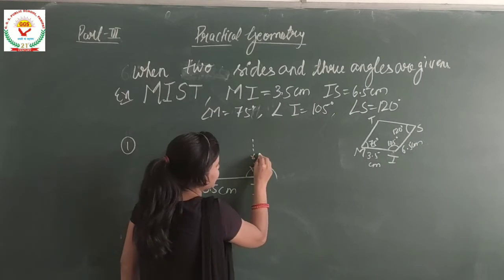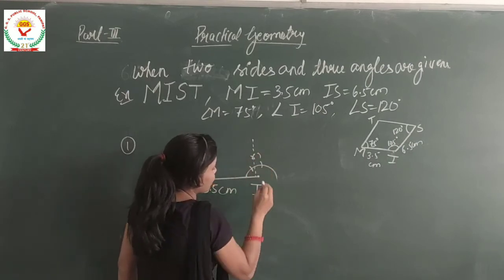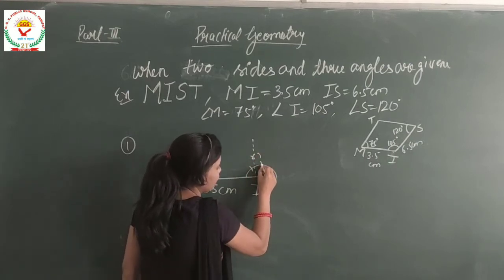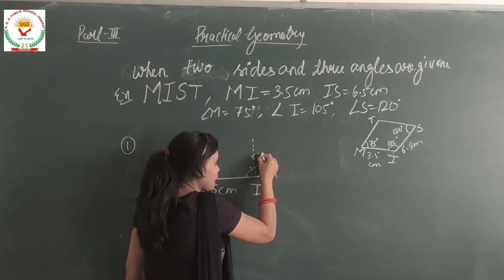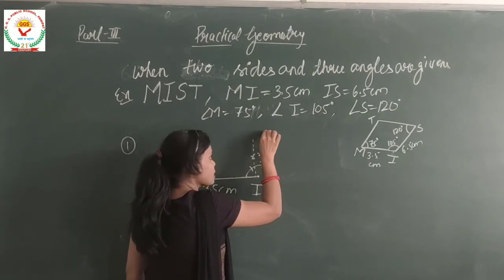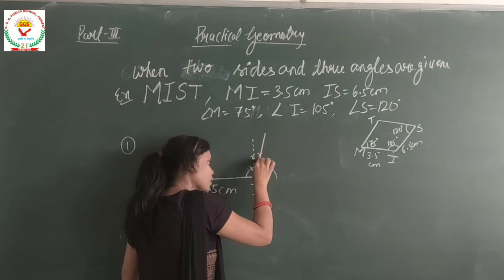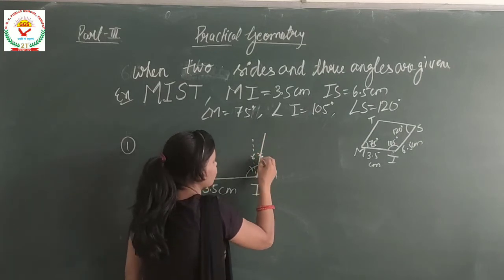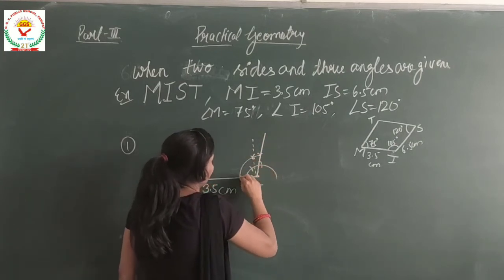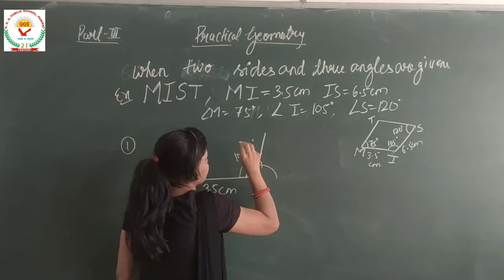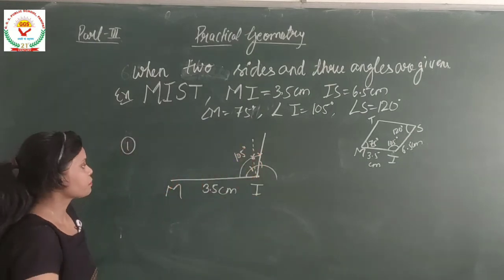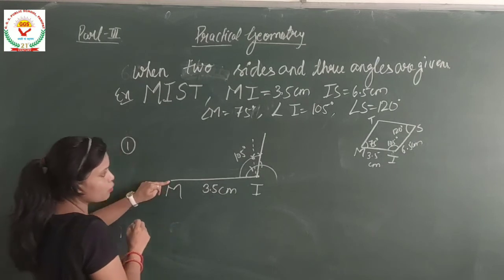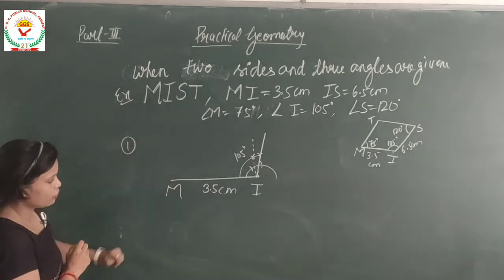Keeping the needle at 90 degrees, we will mark again an arc. Keeping the needle at 120 degrees, intersect this arc. This intersection will show the angle of 105 degrees.